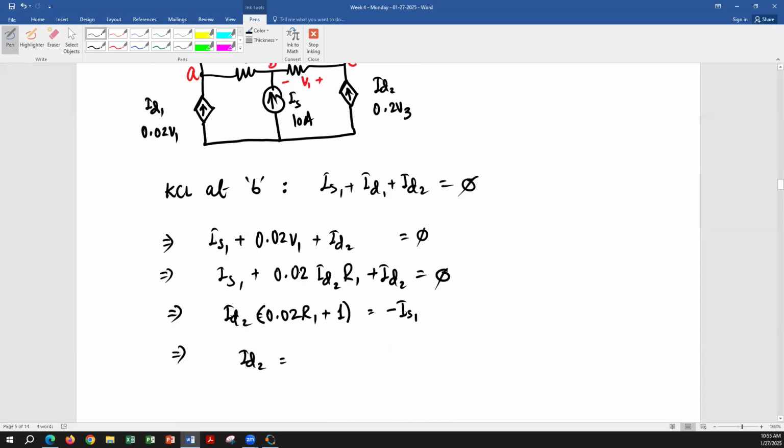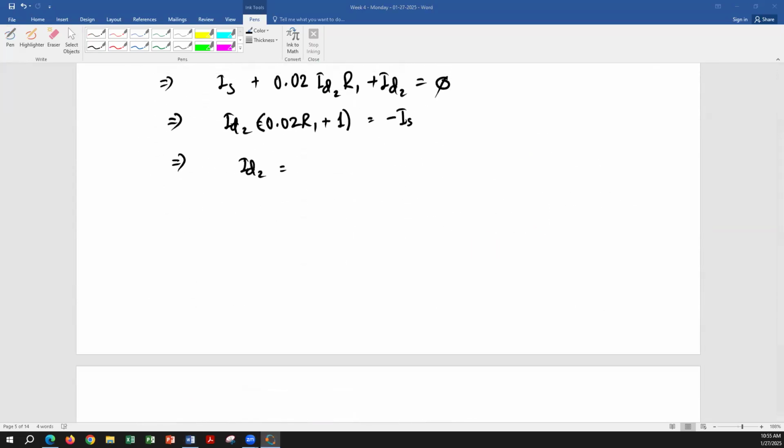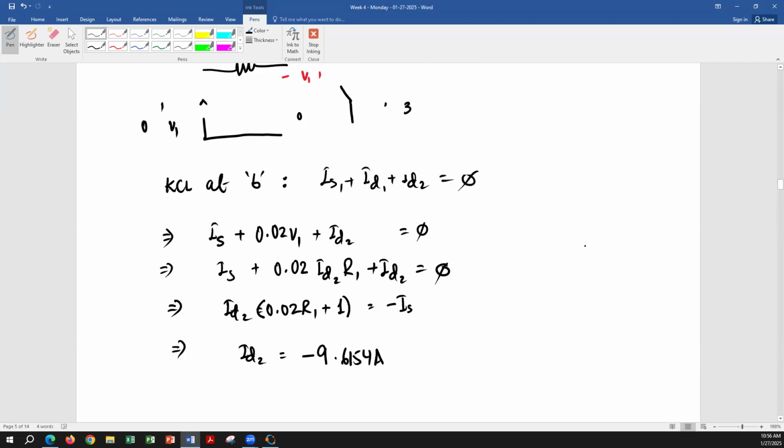So it's negative 9.6154. Negative 9.6154. So that's my ID2.